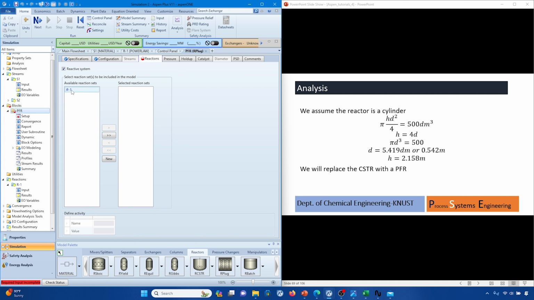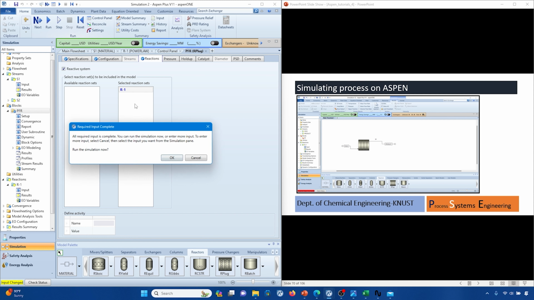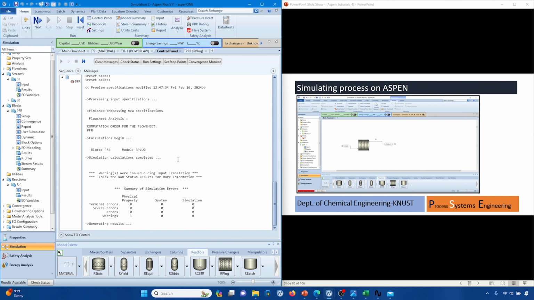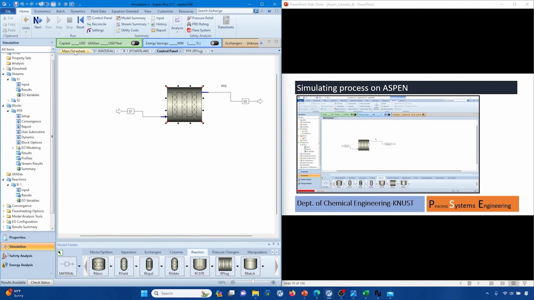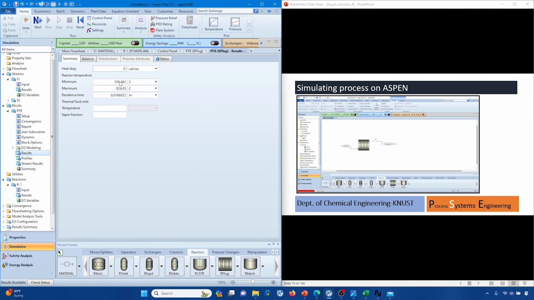We've already added the reaction, so we just add the created reaction to our selected reaction sets, and that should be it. You can run the simulation and view the results.